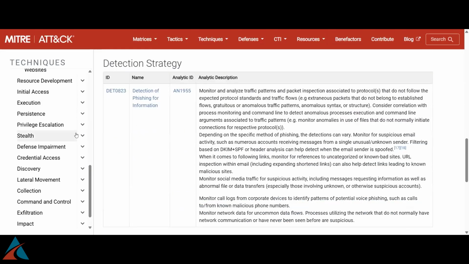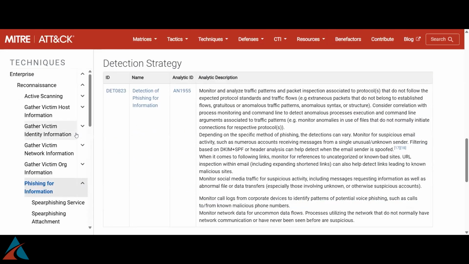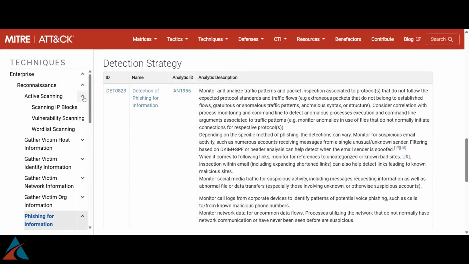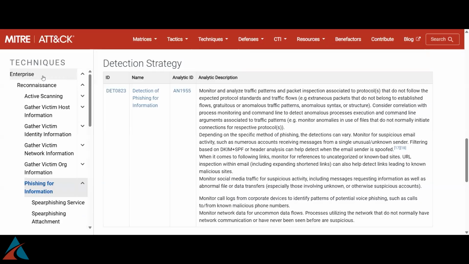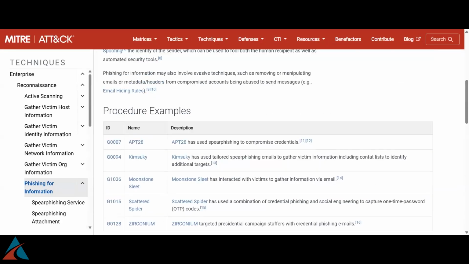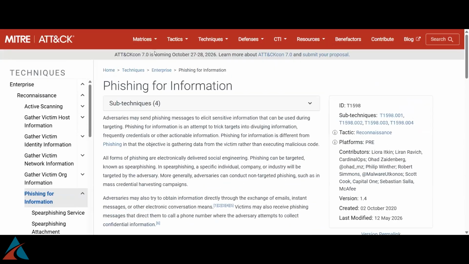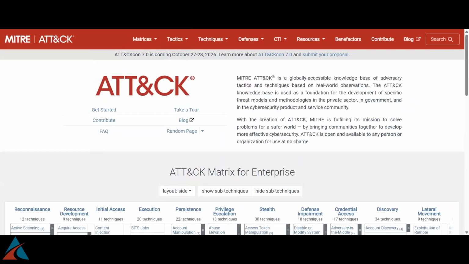So explore this website in your own time. This is very interesting. I'm just going to tell you what is important here: techniques. I'll tell you what these things are. A few of these might also relate to your second class on red teaming, scanning, vulnerability scanning, word list scanning. So check it out in your time whenever you get it.